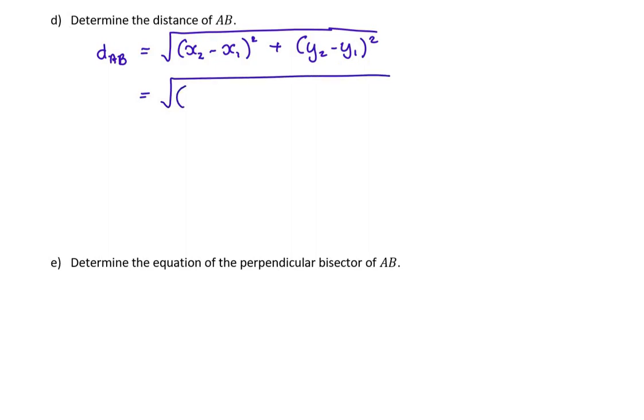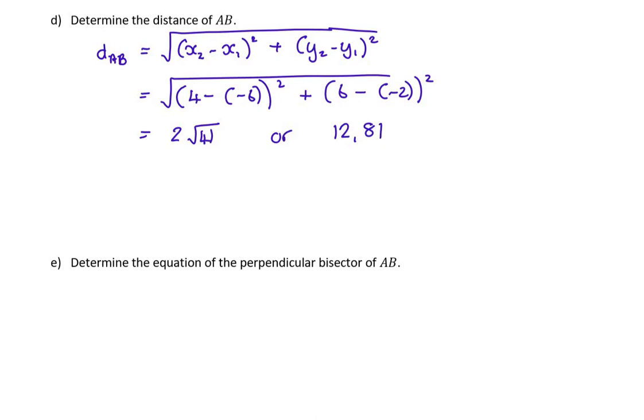I'd already labeled that point number 2 was 4, 6, so 4 minus negative 6 plus, and this is 6 minus negative 2. And we definitely don't show any working after this. You can just put that straight into your calculator and let your calculator do the work for you. Now, unless otherwise stated, you can give the answer in what we call simplest surd form, which is that. Or, if it doesn't state, you could give it rounded off to 2 decimal places. It doesn't matter, but just make sure you read the instructions carefully.